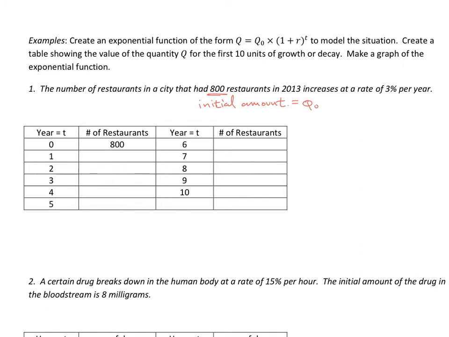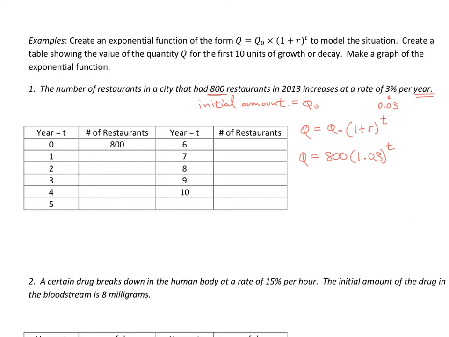So to start out our equation, Q equals Q sub 0 times 1 plus r to the t power. And it's important to note that t will be in years. So we will have Q equals 800 times 1.03 to the t power. And that's because this is 0.03 as a decimal.